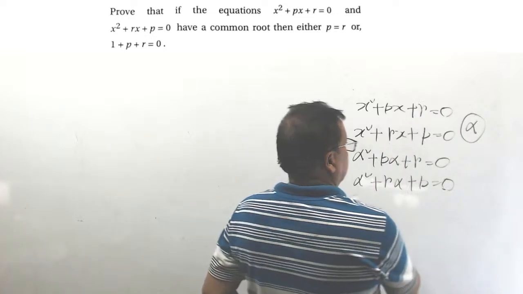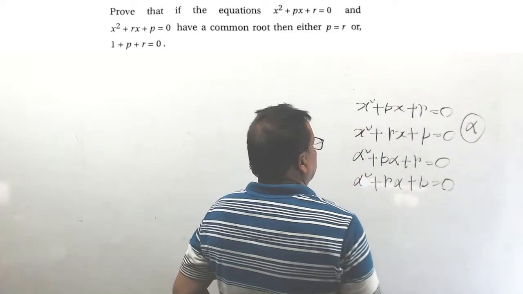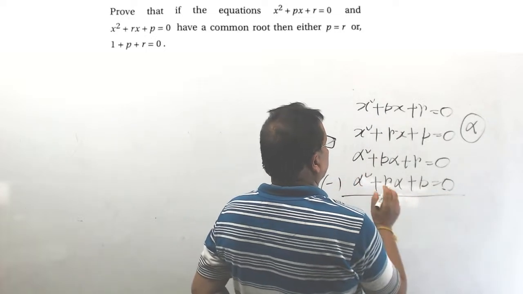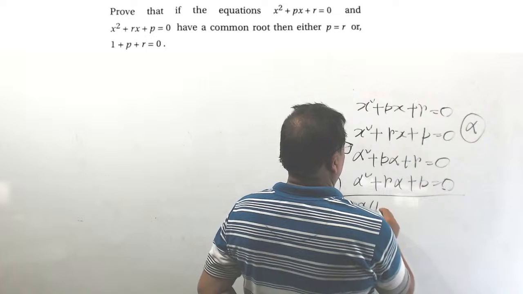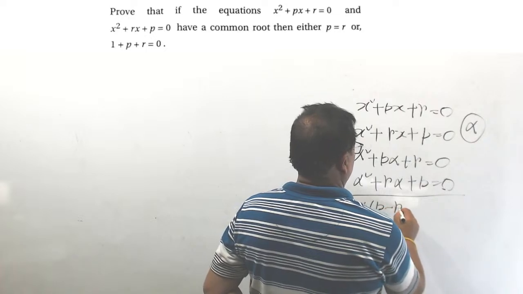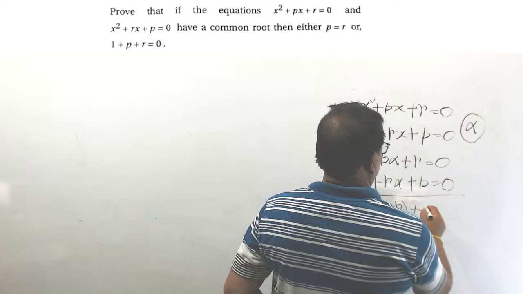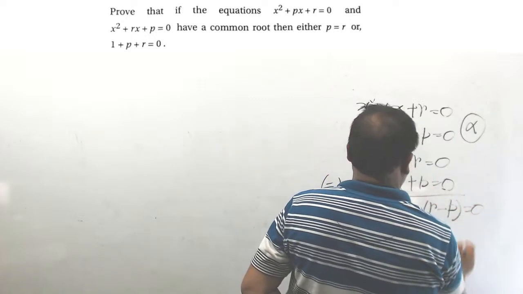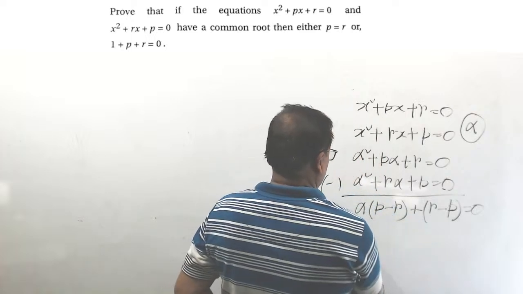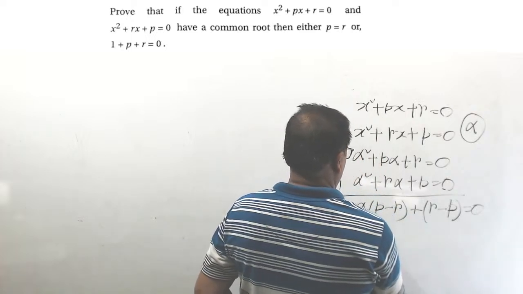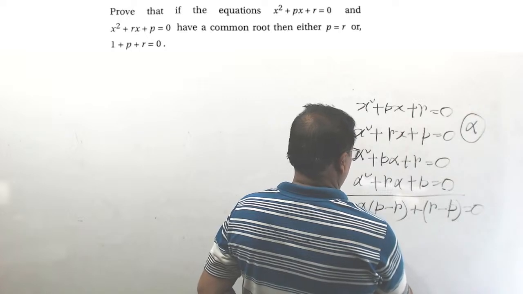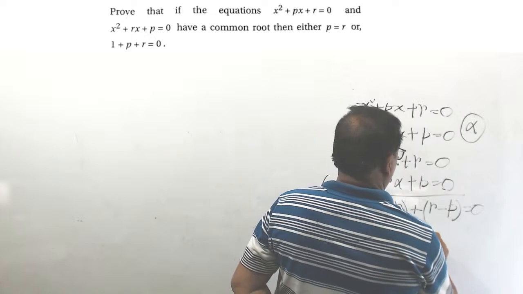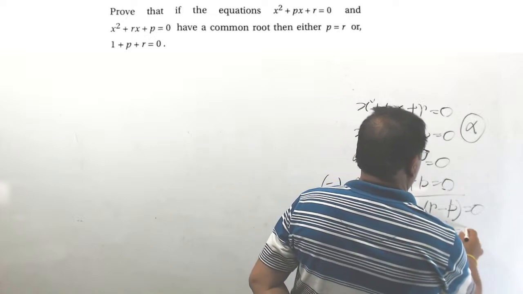Do one thing: subtract these and see what you get. Alpha square cancels. Take alpha common: p minus r, plus r minus p equal to 0. This implies alpha into (p minus r) minus (p minus r) equal to 0. Understood or not?